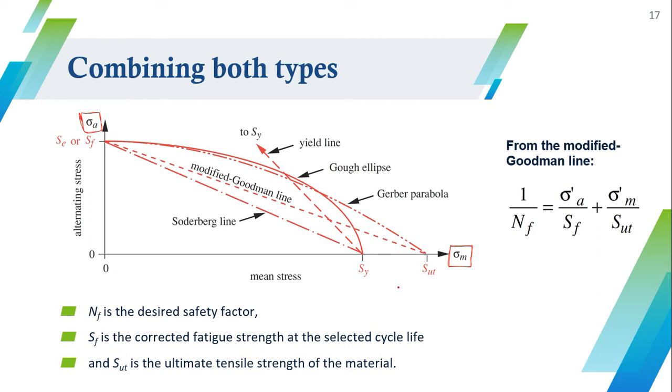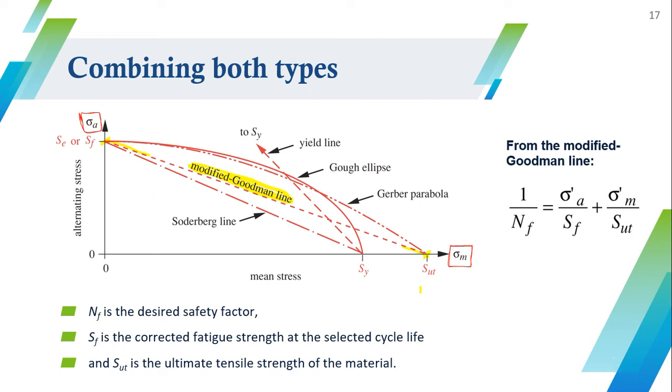This is the general expression, and we have a very famous line called the modified Goodman line, which connects one point on the y-axis to the corresponding point on the x-axis through a perfectly straight line. As you can see, this dotted line is perfectly straight. So this is called a modified Goodman line.